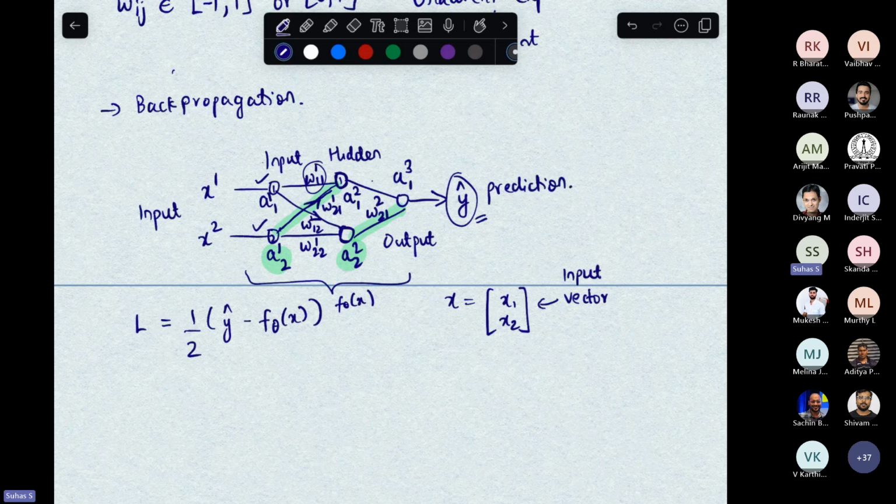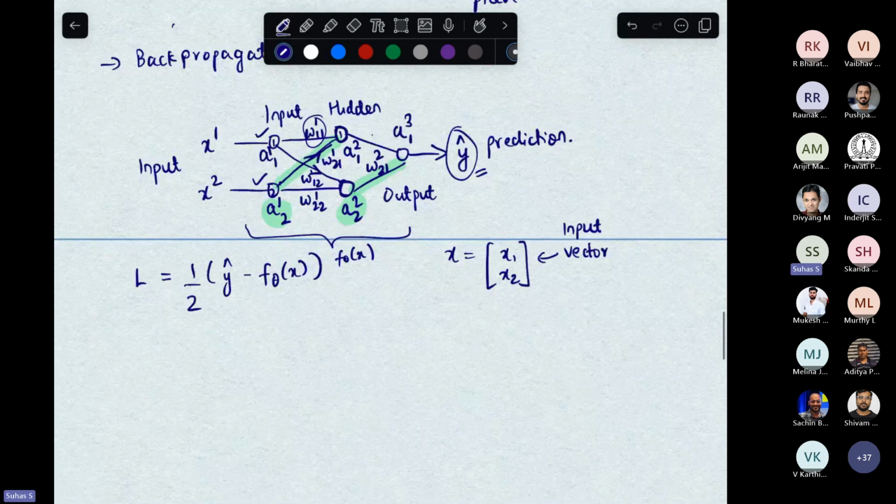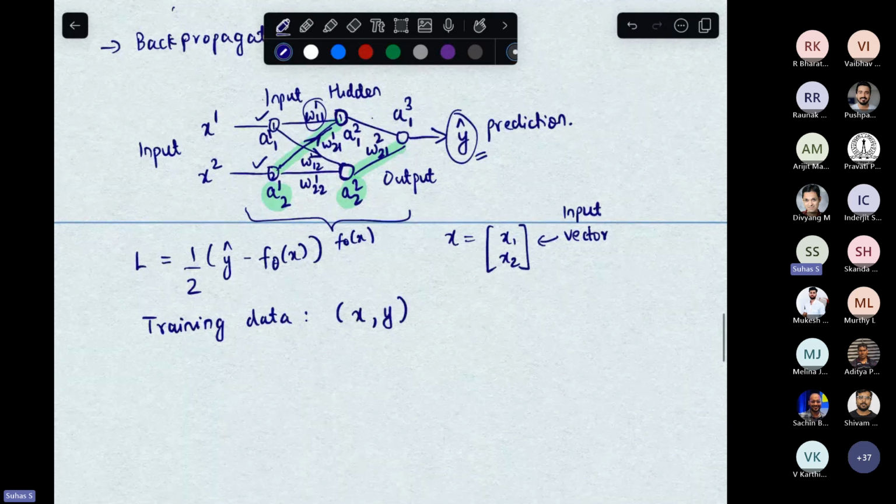So what we basically want to do is, let's say we have some training data, and for now let us assume we only have one training data sample, which is for the input x, I expect the output y. So this is our training data. Typically you call it xi, yi, and you have n such examples.